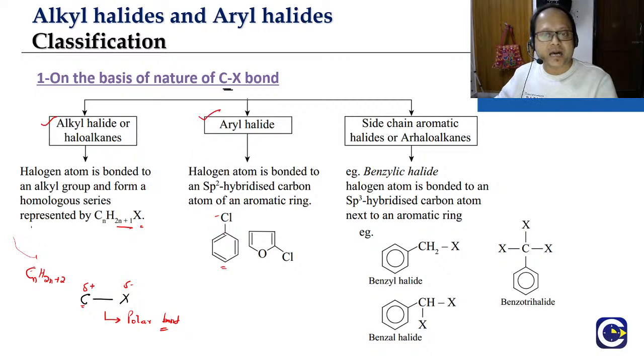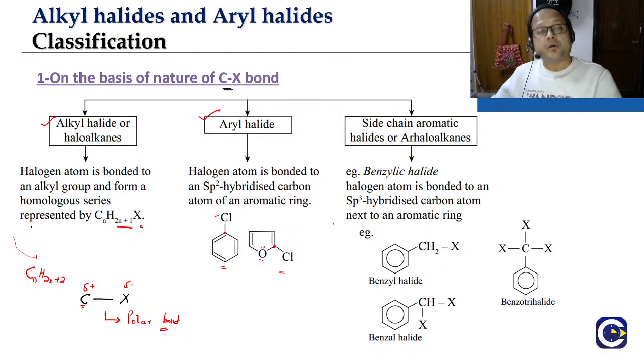So all these carbons are sp2 hybridized. Here also you can see that this is a non-benzenoid aromatic system. You can see that oxygen has got 2 lone pairs, so 2 of them it can participate over here. So it is also satisfying Huckel's rule, and hence this is also sp2 hybridized, right? So it is also an aromatic system.